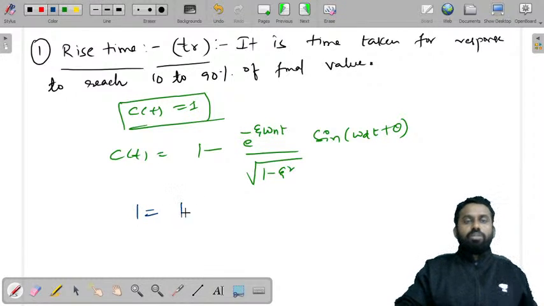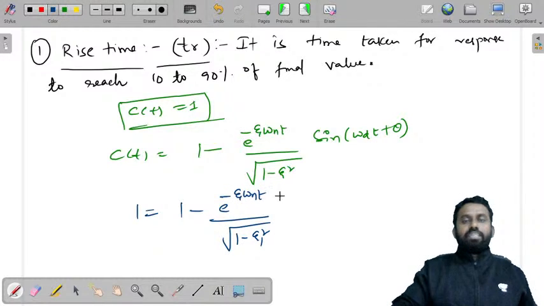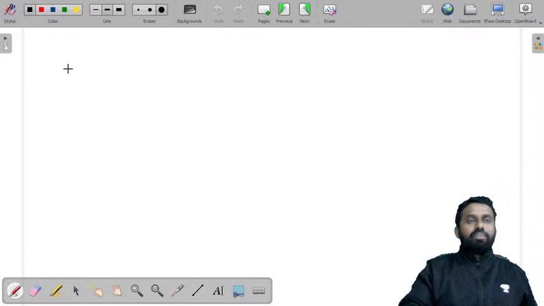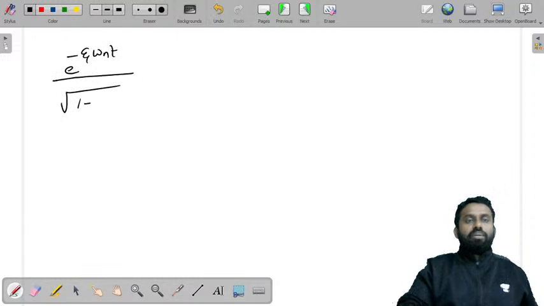So 1 is equal to 1 minus that term. You can cancel this one, or if you take this to the other side, e power minus zeta omega n t by under root of 1 minus zeta square, sine omega d t plus theta, is equal to 0.